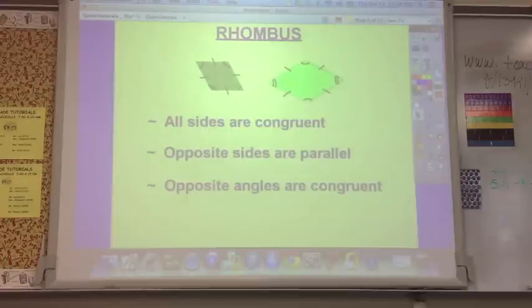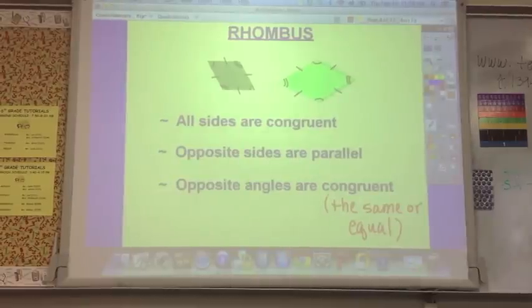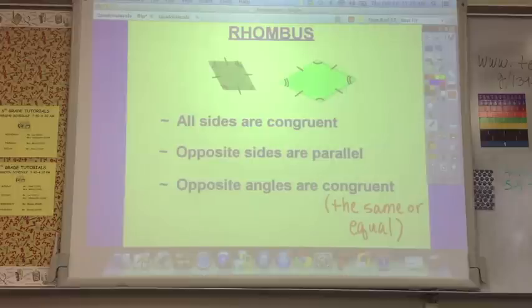Now you've been writing down congruent a lot, and that just means the same. Congruent means the same or equal. So if the angles are congruent or opposites are congruent, that means all of the opposite angles are the same.